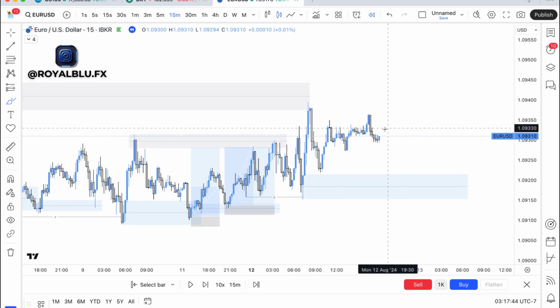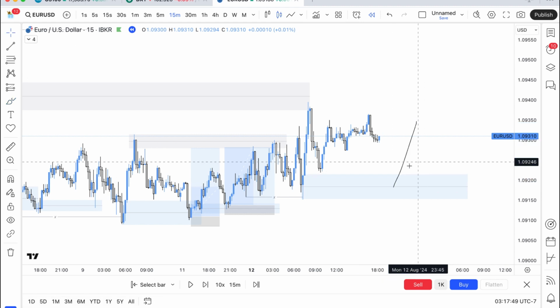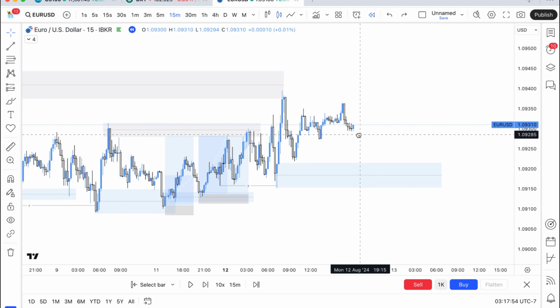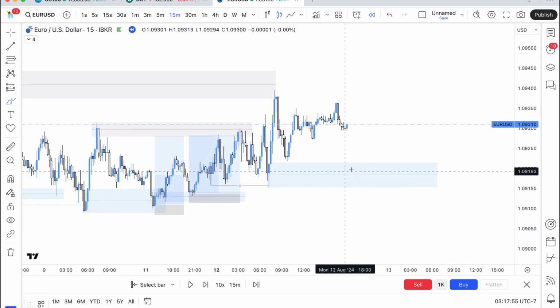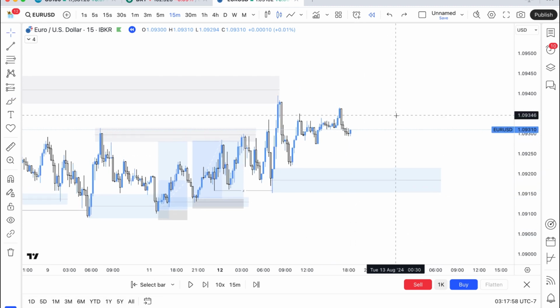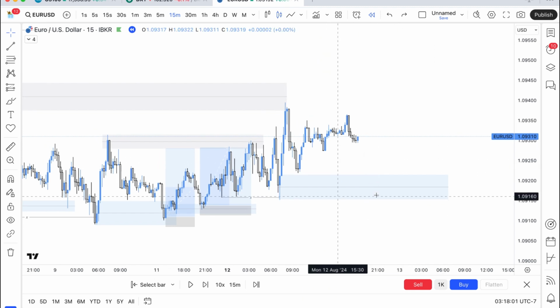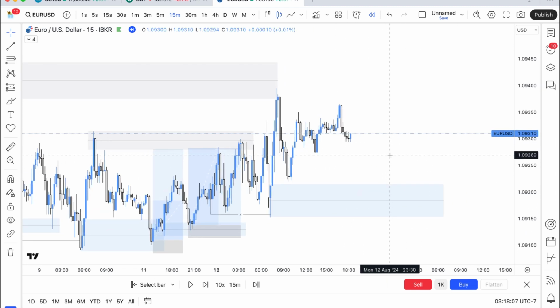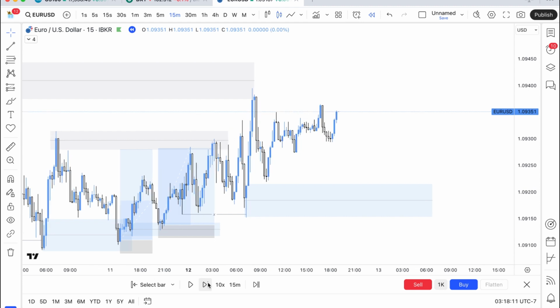Now, when prices do approach these demand zones, we don't necessarily just look to enter aggressively, although you can. However, it is unlikely that price will always respect your demand zone, right? So we want to be traders who are risk averse and not aggressive with entries, right? So every time price comes to its supply or demand, we always look for confirmation. That having said, let's continue here and let's see what happens, right?